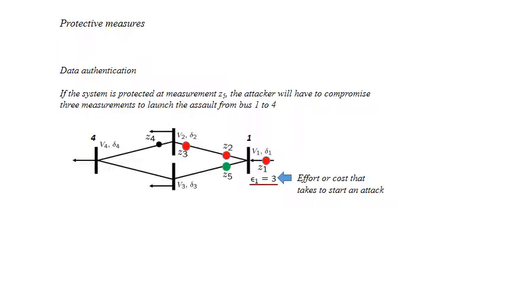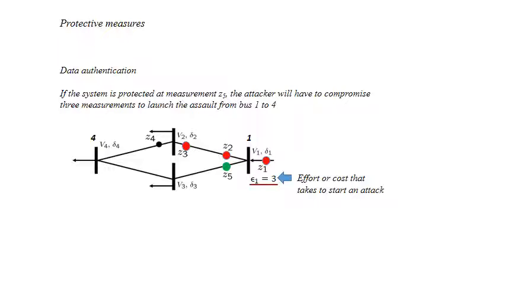If we consider that we have protected measurement C5 and the attacker wants to launch an attack from bus 1 to bus 4, we can see that now the attacker has to compromise three measurements. That is a higher effort that he has to make to perform the attack.